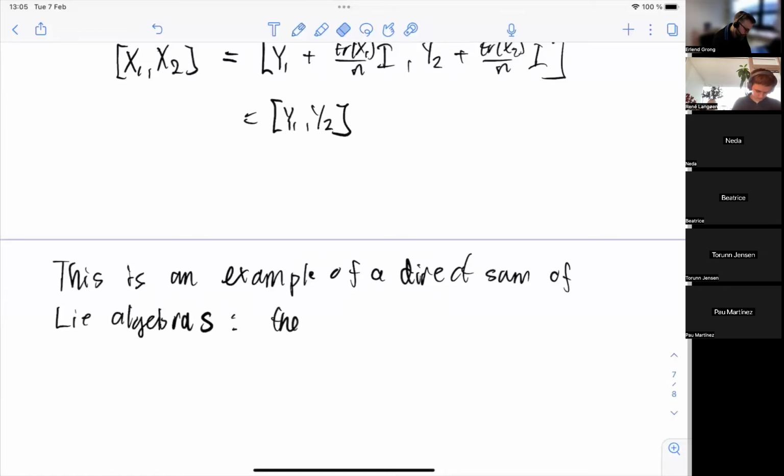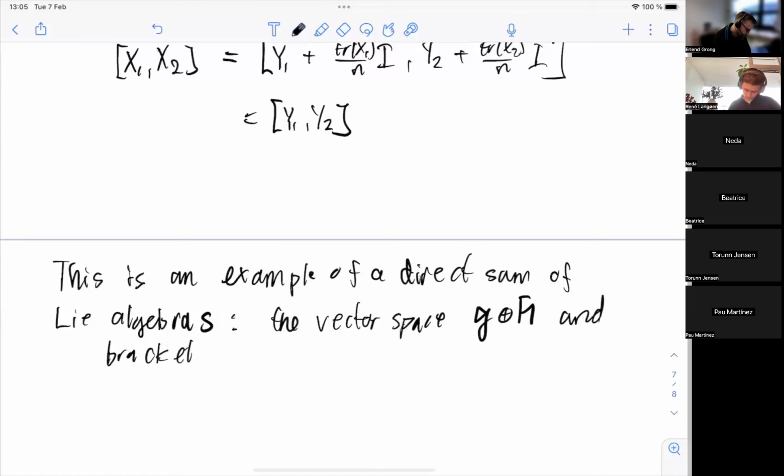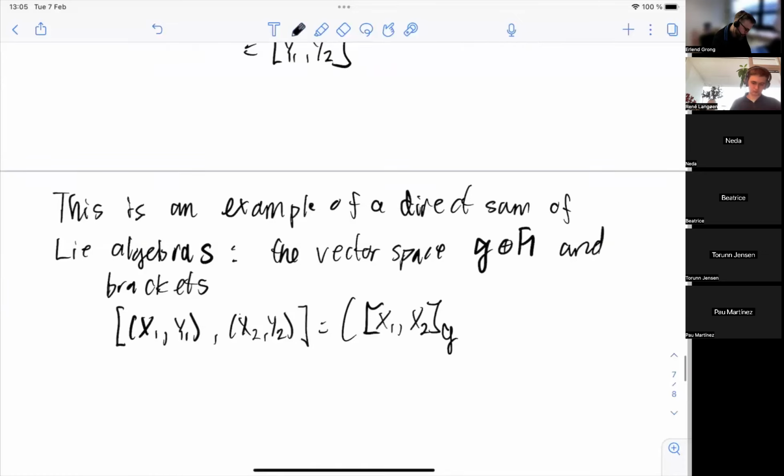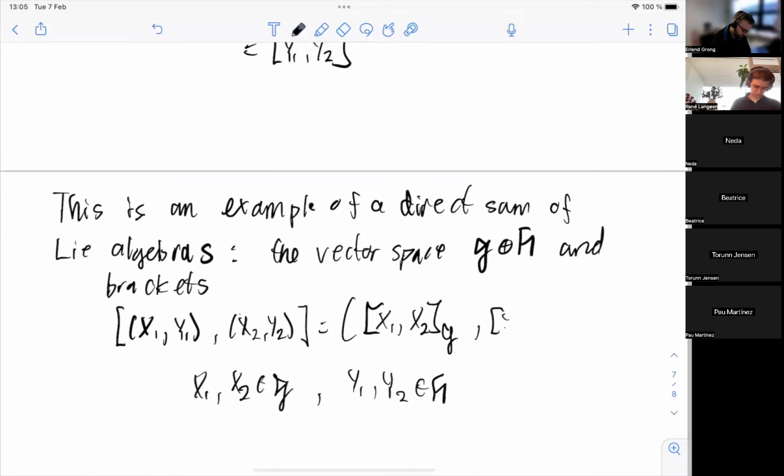And a direct sum of Lie algebras is the case where we take the vector space G plus H, and the bracket of (x1, y1) and (x2, y2) is just that you take the bracket in G for the first part, so x1 and x2 are in G, and y1, y2 are in H. And then you take the bracket in H for the second part.